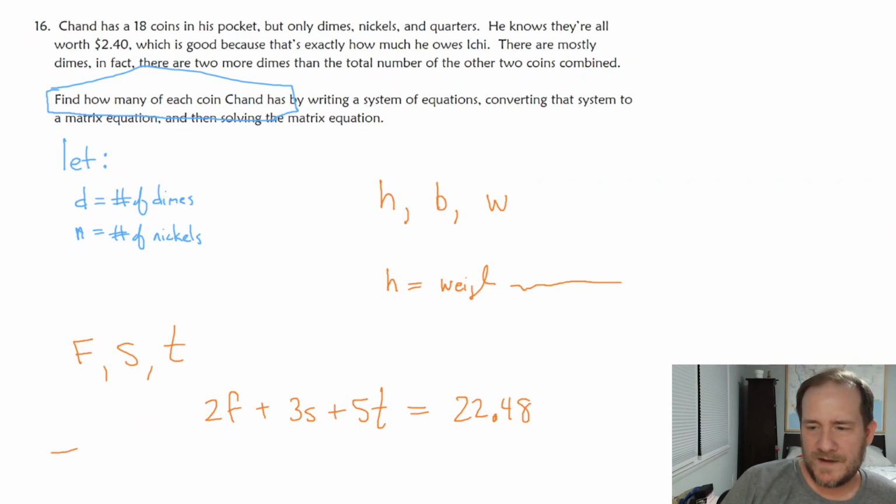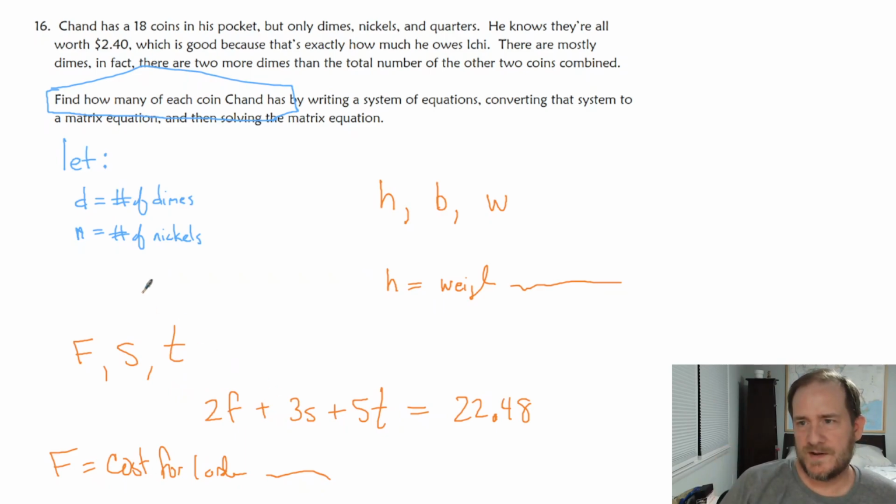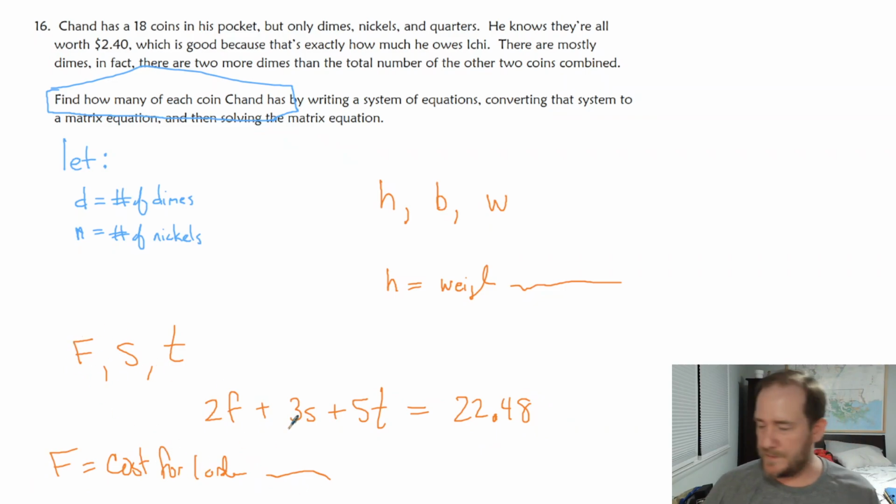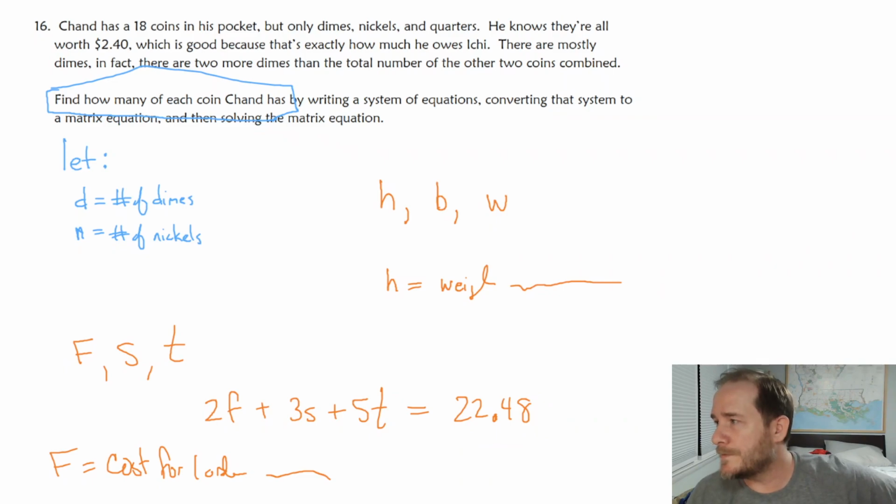Then suddenly now, F is not the number of French fries. It's the cost for 1 order of French fries. So don't get sucked into thinking that the variable is always just going to be the number of, the number of, the number of. Sometimes it's the weight of 1 hippopotamus. Sometimes it's the cost for 1 order of French fries. I've said my piece. Moving on.